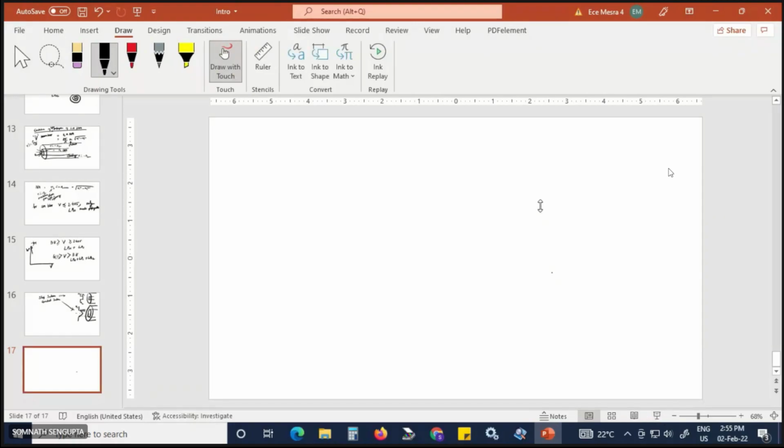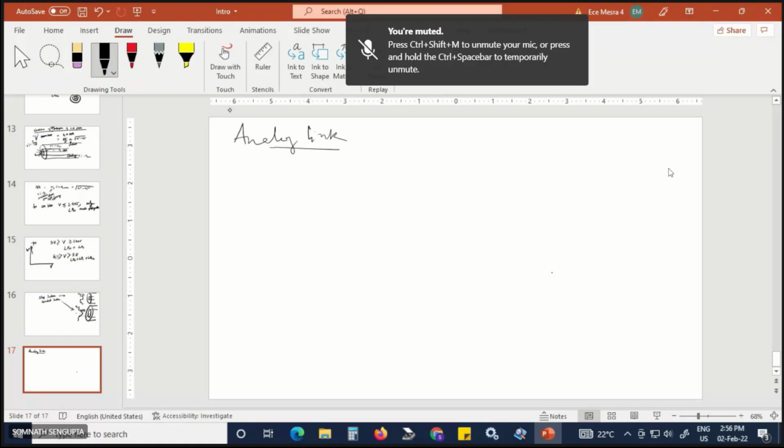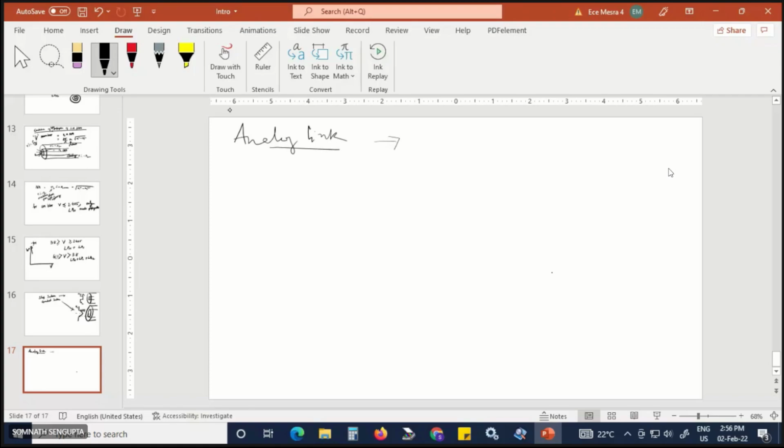So basically you see that in fiber optic analog link, what happens? We transmit analog signals. Okay. So there is one transmitter.